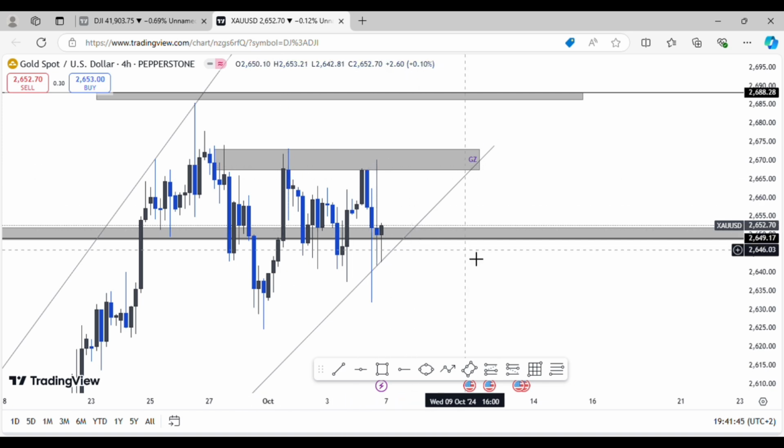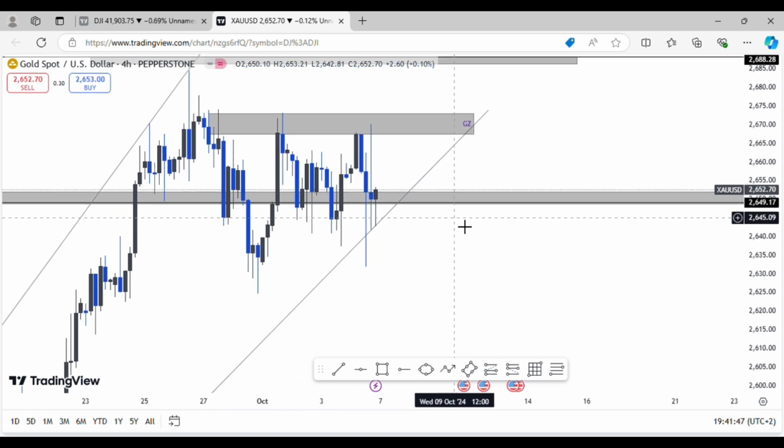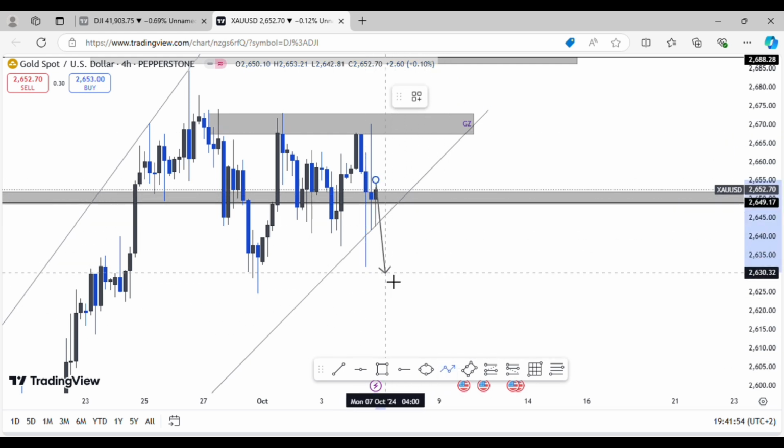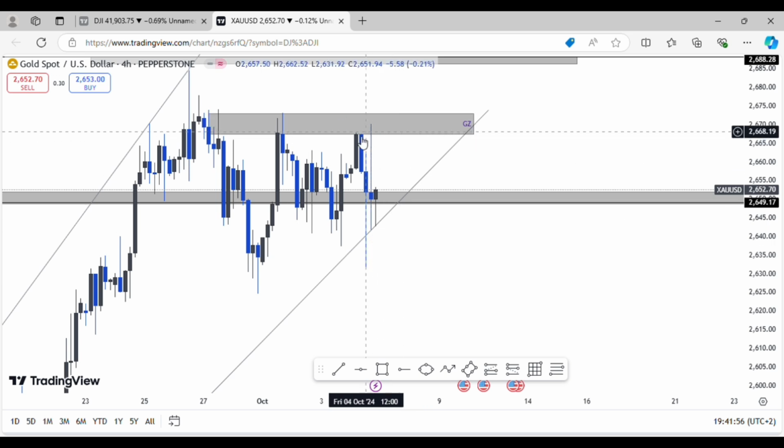You understand? So since it has been tested again here, I think the market will just have to drop. You understand? Because already it has come to retest and sold to the downside.